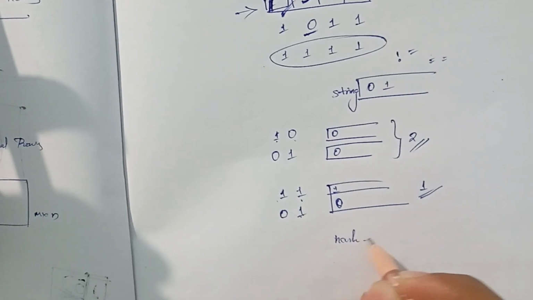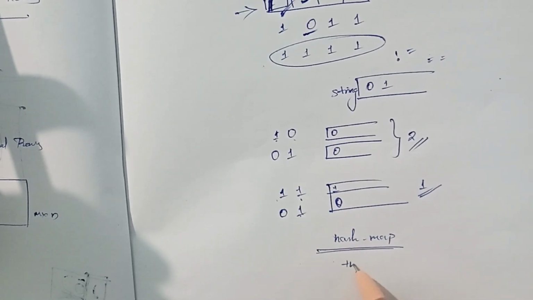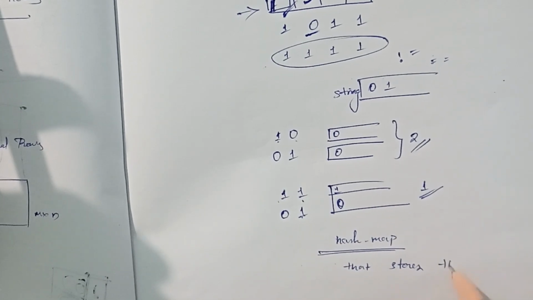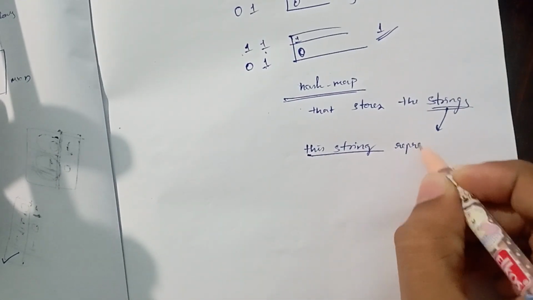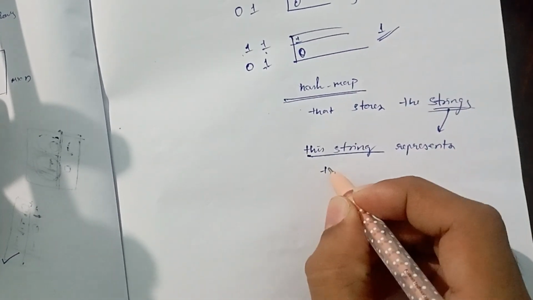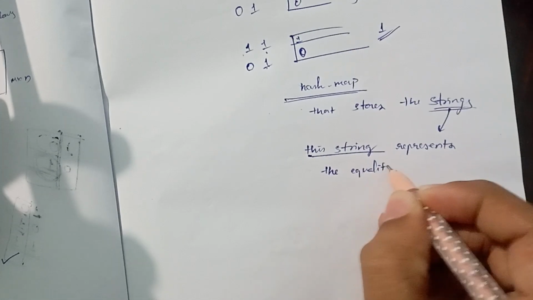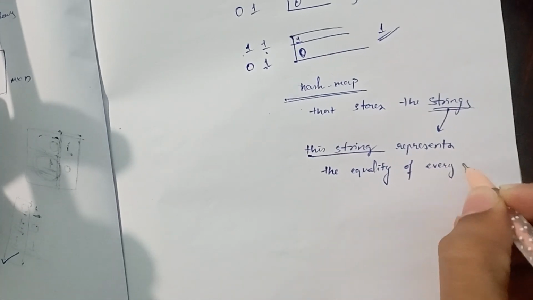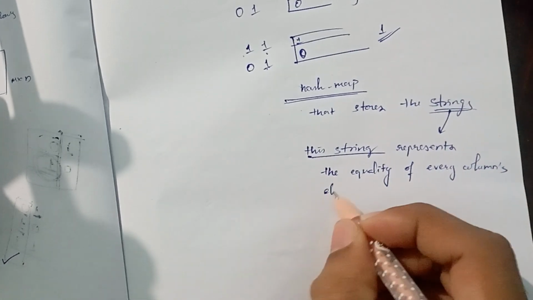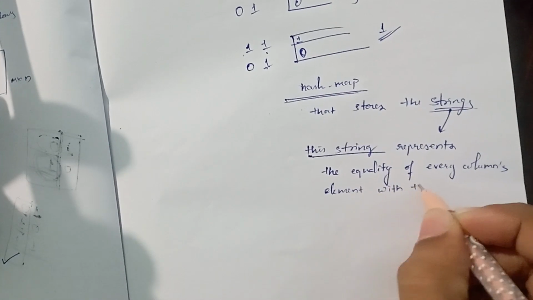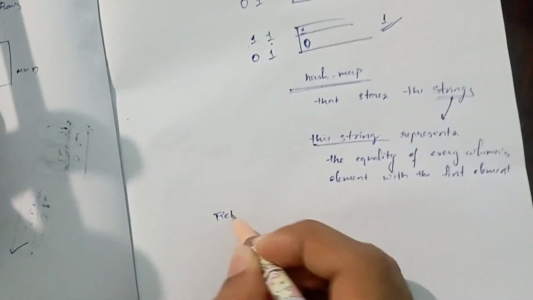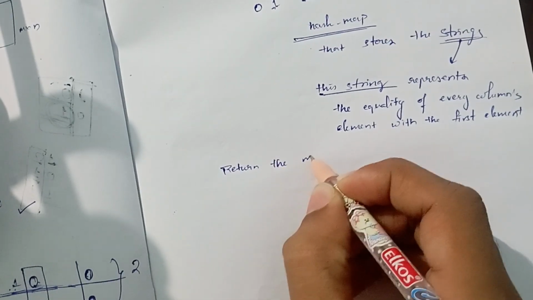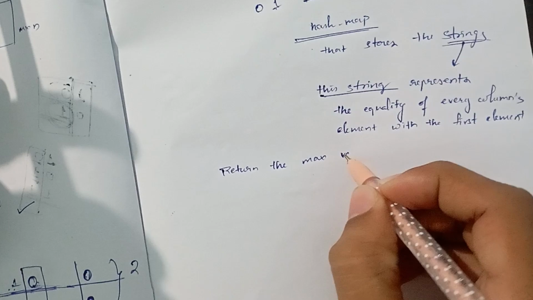So we will be using a hash map which stores the strings, and this string represents the equality of every column's element with the first element, and we need to return the maximum value.